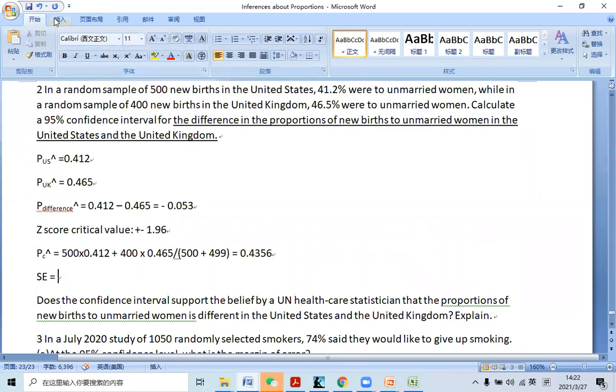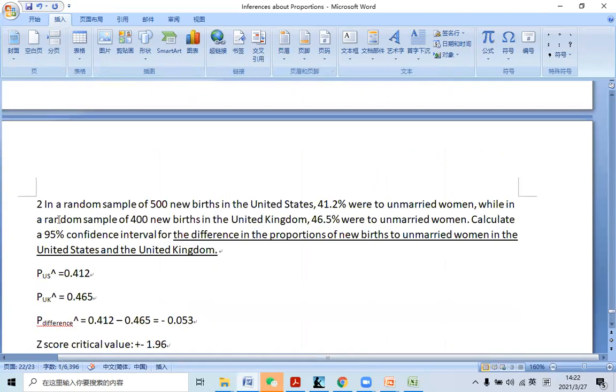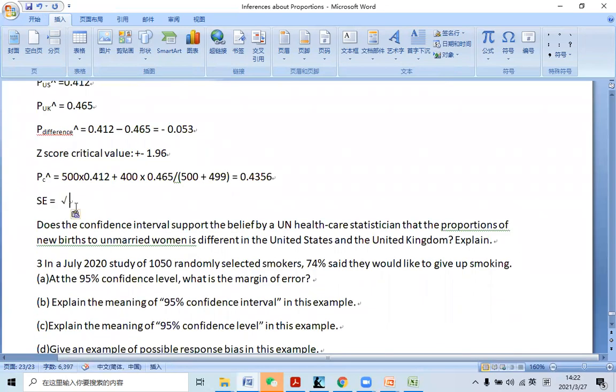Standard error: the square root of P, that is 0.4356, times 1 minus 0.4356, and you multiply it by 1 over 500 plus 1 over 400.